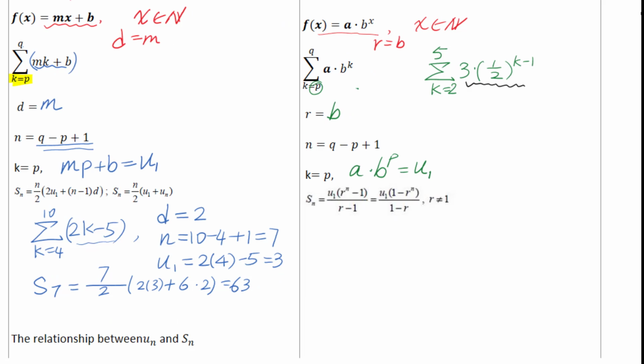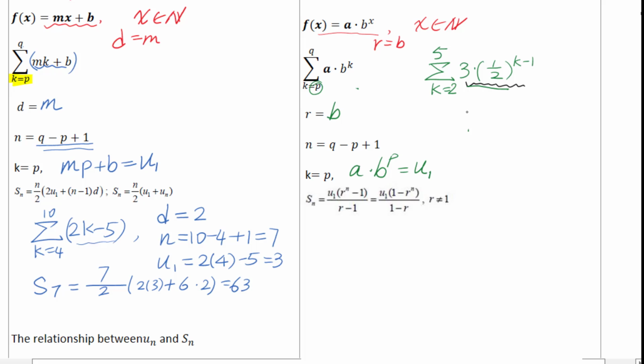Let's go to example. Sum of 3 times 1/2 to the k minus 1's power as k goes from 2 to 5. For this function, 3 times 1/2 to the k minus 1's power is a times b to the x power form. This is a geometric sequence.